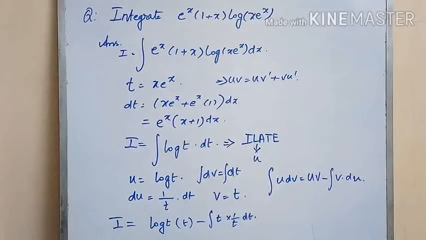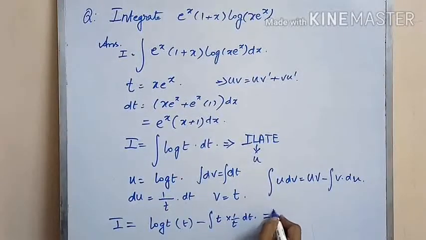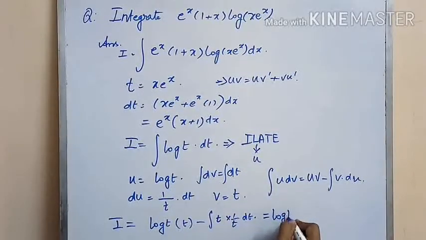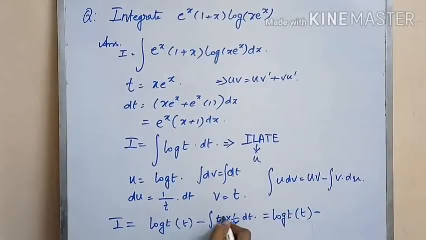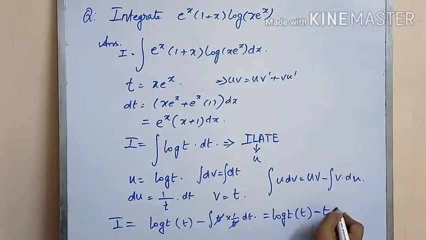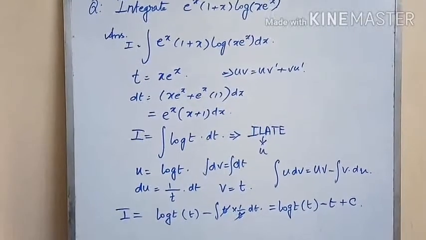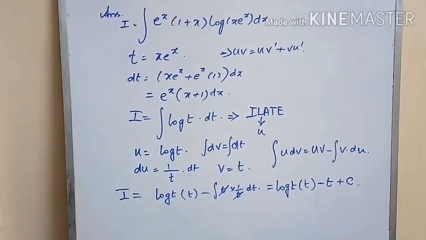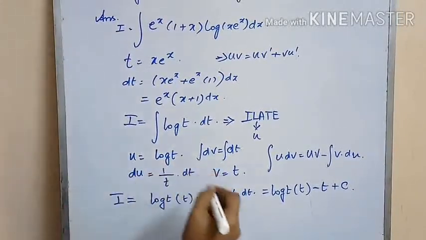T gets cancelled in the integral part. The answer will be log t into t minus integral of dt will give you t plus c. In the next step, we can bring out t outside the first two terms.